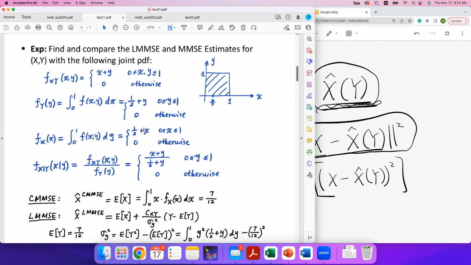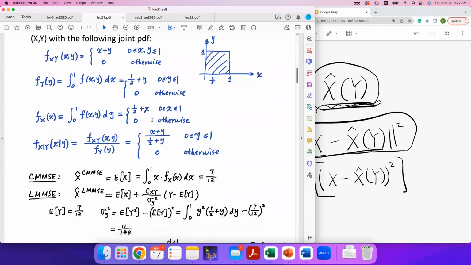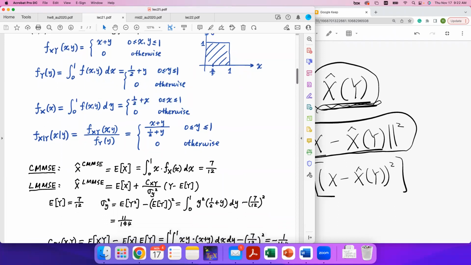It turns out that the marginalized PDF takes these forms. Based on that, the constant MMSE is basically the mean of X, so you leverage the marginalized PDF of X to calculate the mean of X.